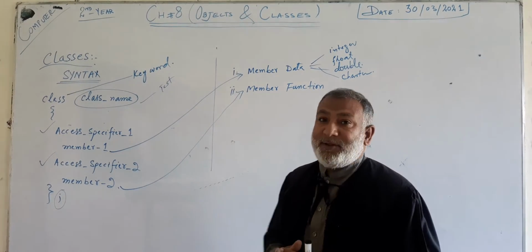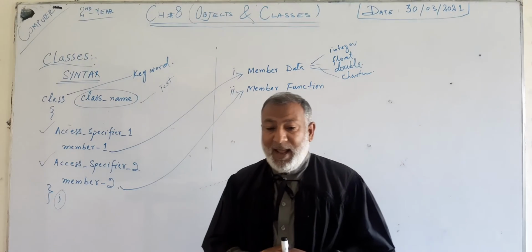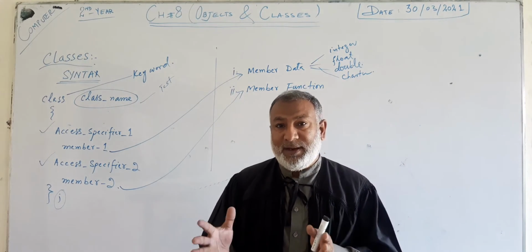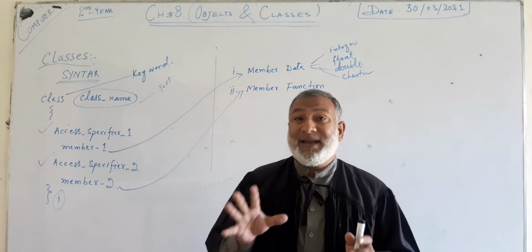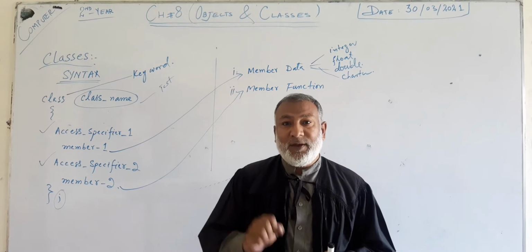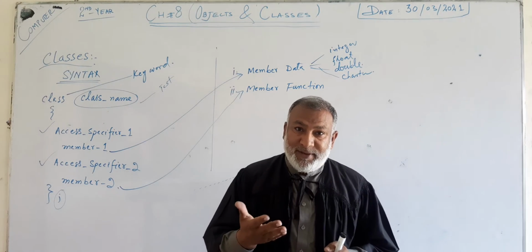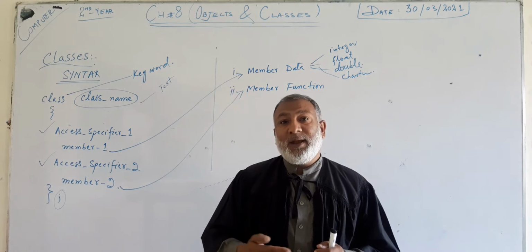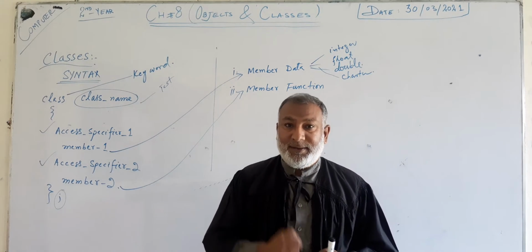Now what is an access specifier? Access specifier is a unique technique that is used in object-oriented programming classes, where you specify the access of the user: who can use the data, who can even see the data, and who can work upon or utilize this data.